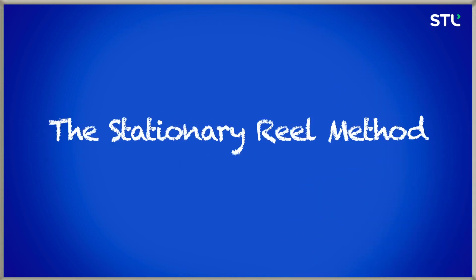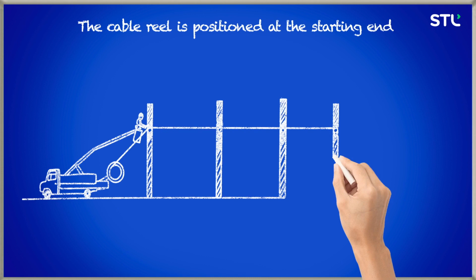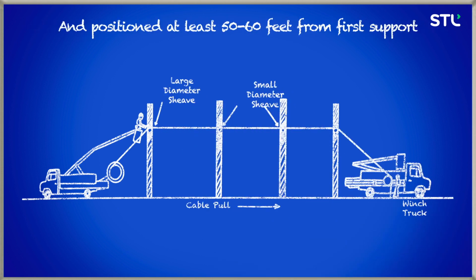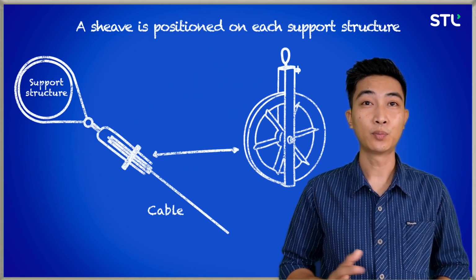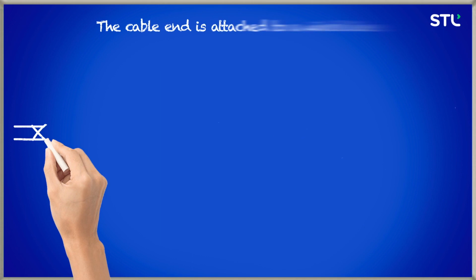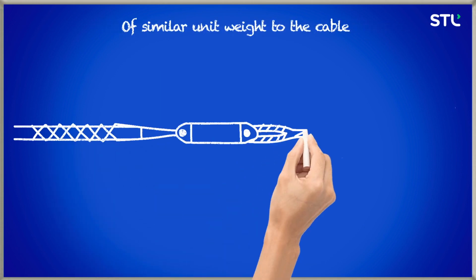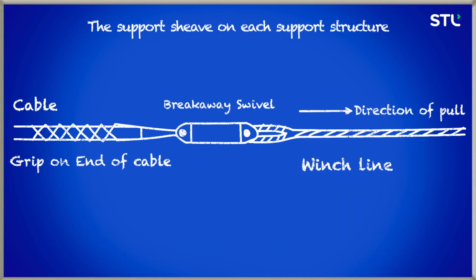The stationary reel method. In this method, the cable reel is positioned at the starting end of the cable placement and positioned at least 50 to 60 feet from the first support. A sheave is positioned on each support structure. The cable end is attached to a winch line of similar unit weight to the cable with a double rotating swivel threaded through the support sheave on each support structure.